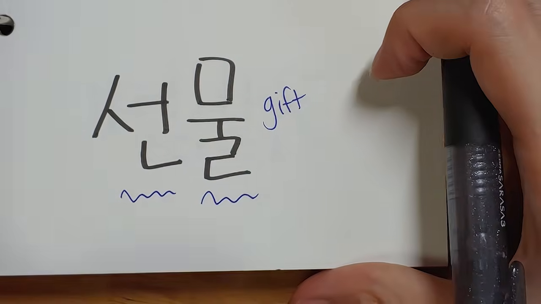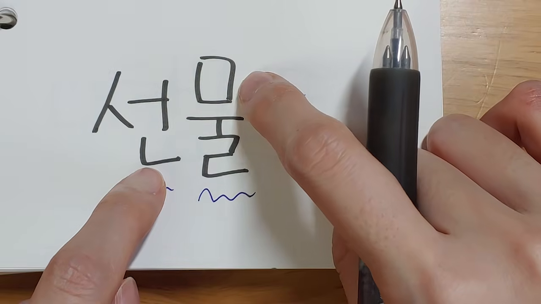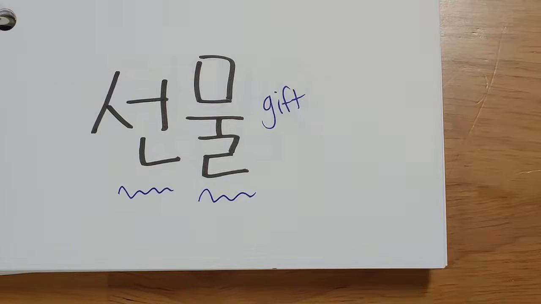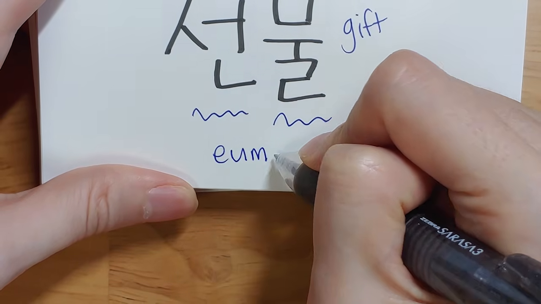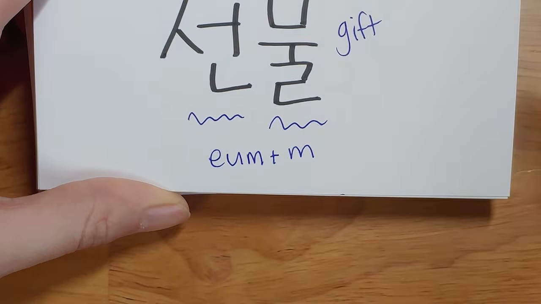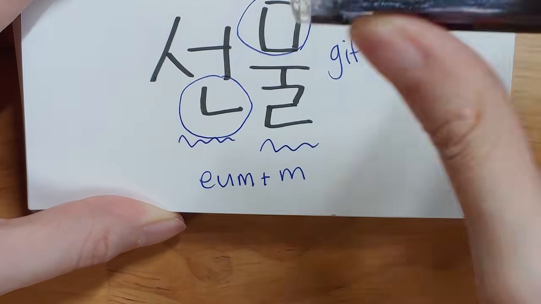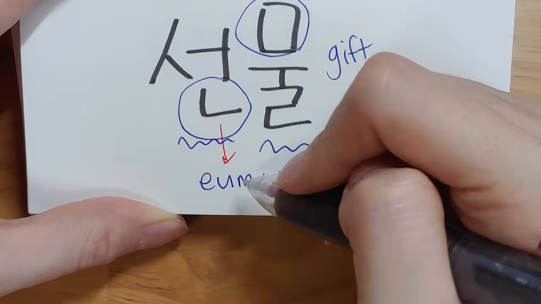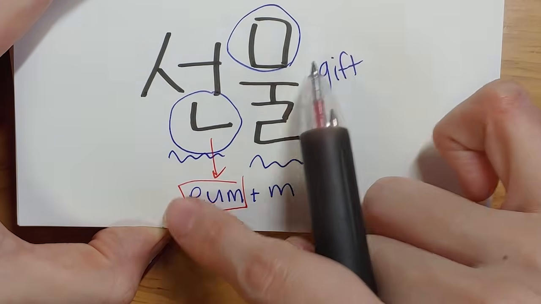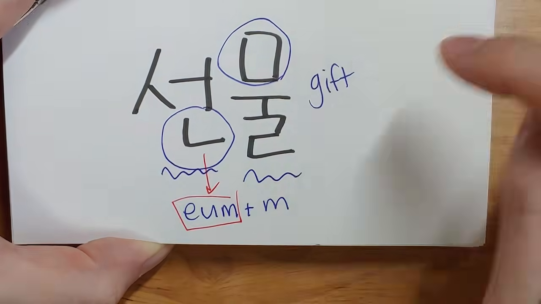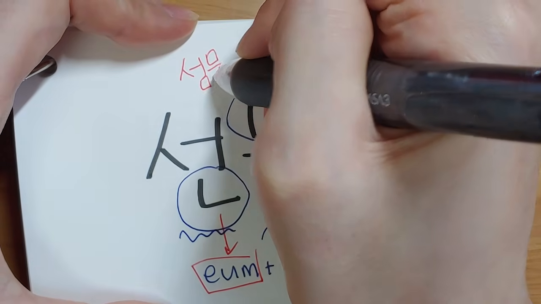But when you pronounce it fast, it's much easier to pronounce it like 선물. So 은, when it meets ㅁ, gets softened, assimilated to ㅁ. So 선물, you can pronounce it 선물 as well.